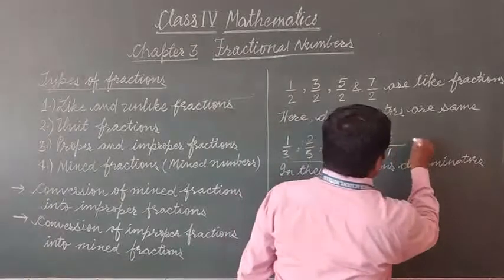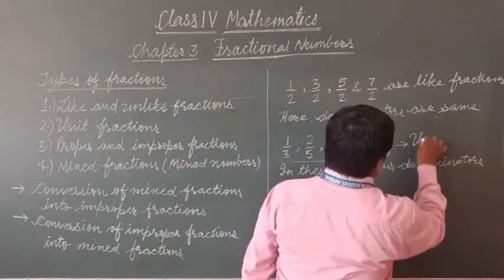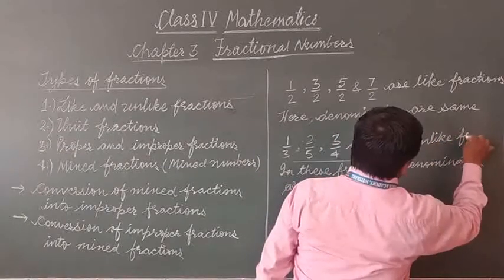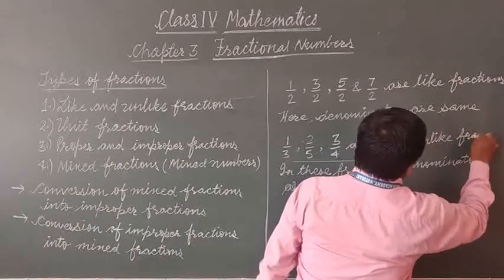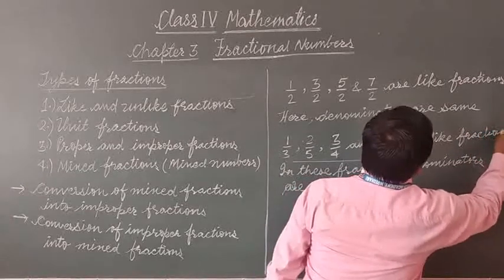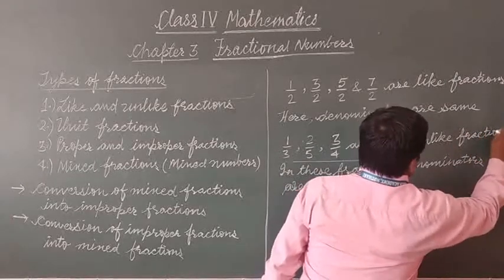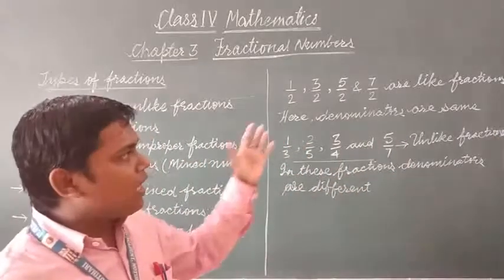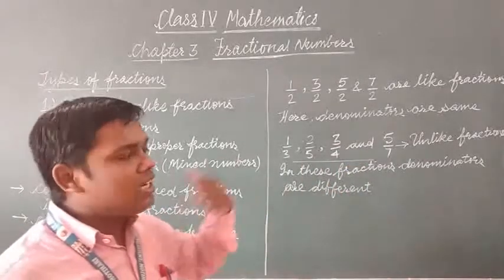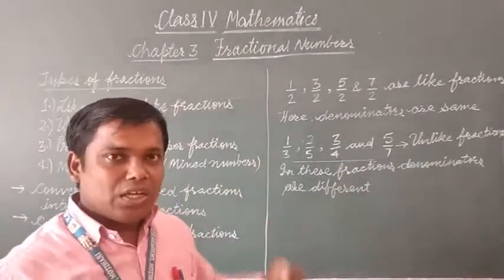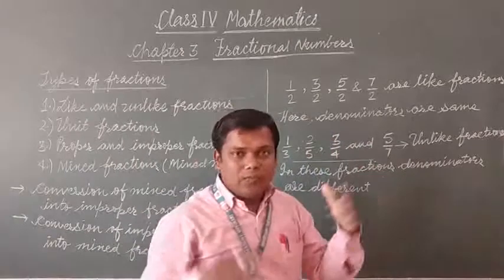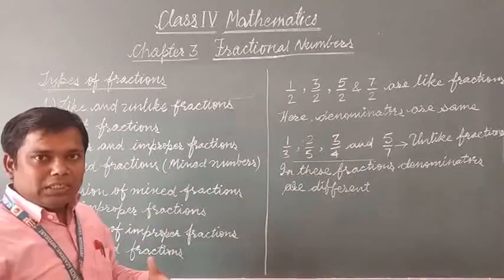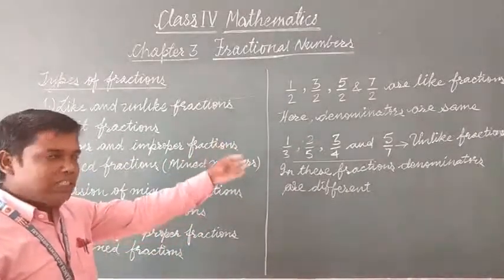Therefore, these fractions are called unlike fractions. So, if fractions are given to you, you can easily identify which fractions are unlike and which are like by looking at the denominators of the fractions. So it is quite easy to understand, and you can also do the questions related to this topic.